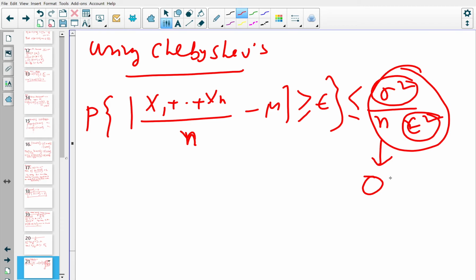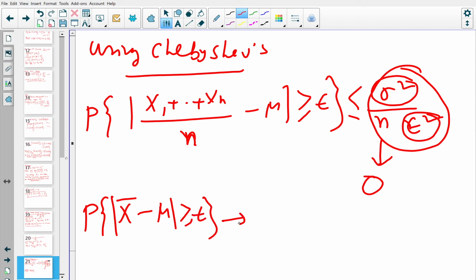So this tends to 0. What does that mean? That means the probability that this minus this is greater than epsilon tends to 0 as n tends to infinity.